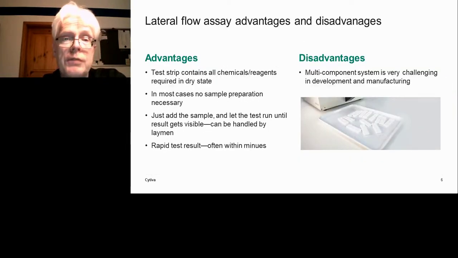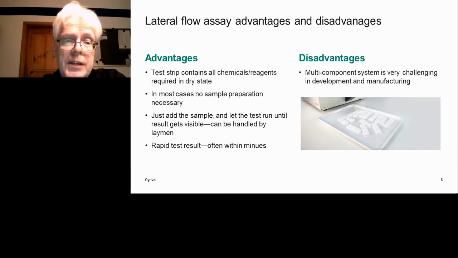The advantage of this multi-component system is that this test strip contains all chemicals and reagents that are required, and it contains them in the dry state. In most cases, you need no external sample preparation, because you can add a number of buffers to the sample application pad, which is the first pad in your test, and force your sample to have a specific ionic strength or a specific pH.